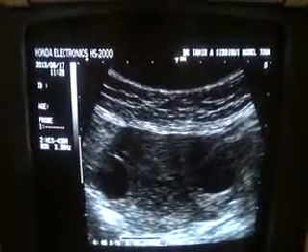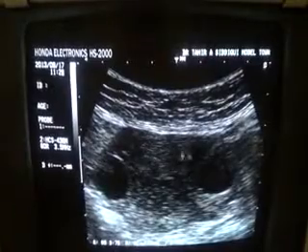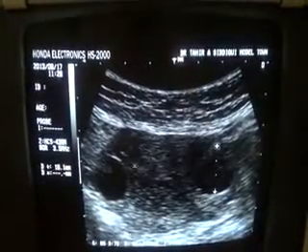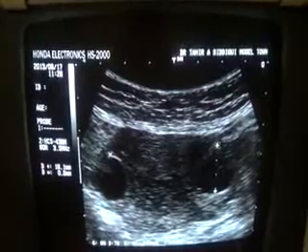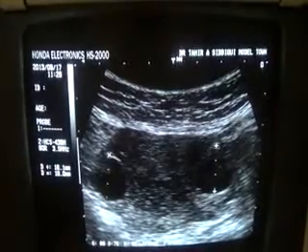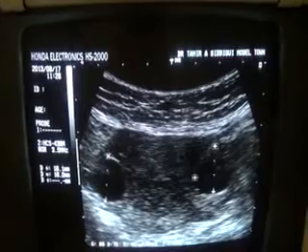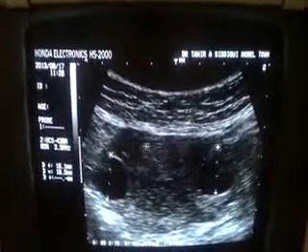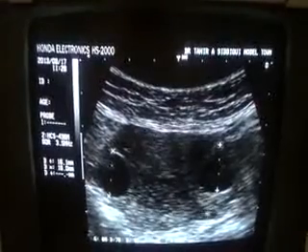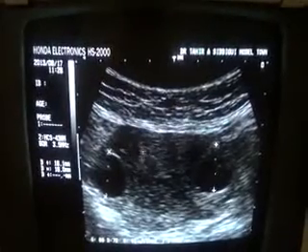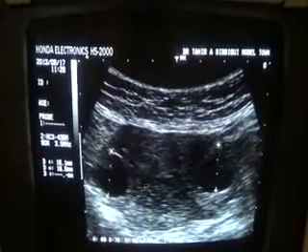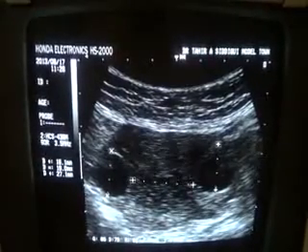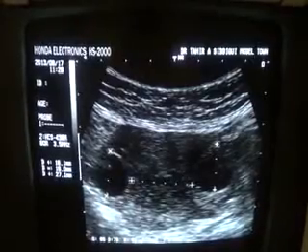Here you see this is a cystic area number 1, and this is a cystic area number 2, and this is the adnexal region with a lot of echoes filled in this region between these two gestational sacs, sorry, I should not say gestational sac yet.